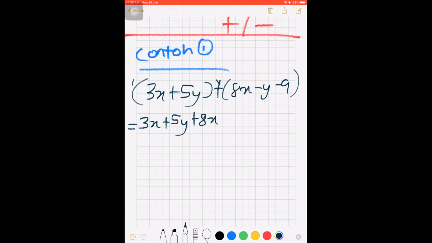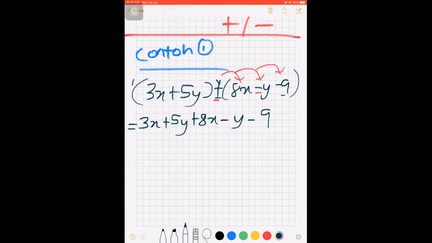When you see a sign kat depan ni, that means you kena tengok whether it changes or not. Positive positive becomes positive. Then positive negative becomes negative lah, minus 9. And this one, positive negative also becomes negative. Oh wait, sorry, this is minus y.